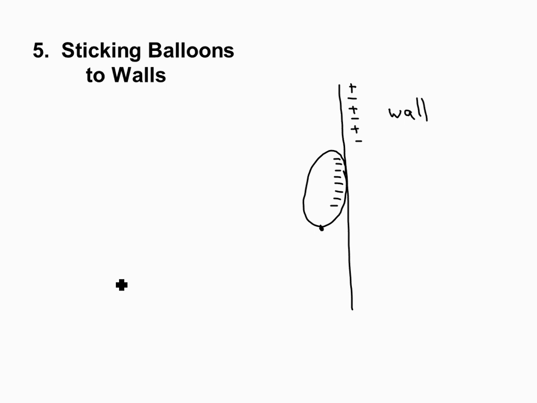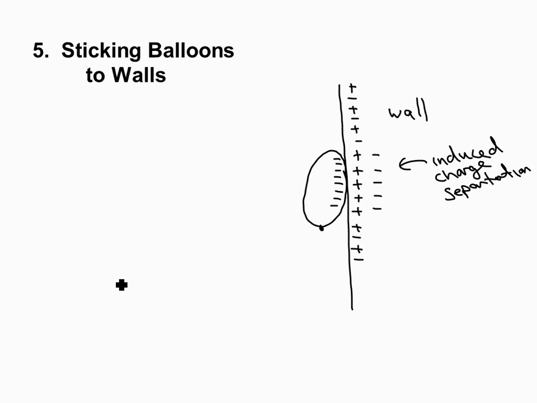But when you get close to the balloon, the minus wants to move into the wall because it's undergoing an induced charge separation, just like our pith balls. Okay? So this is an induced charge separation.